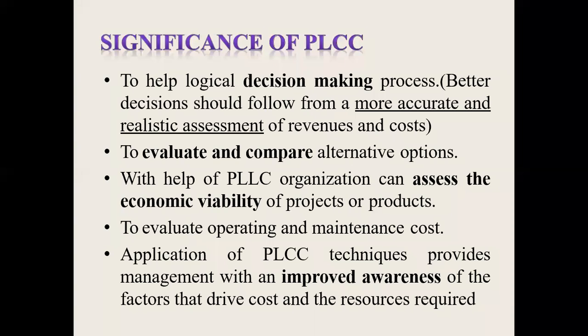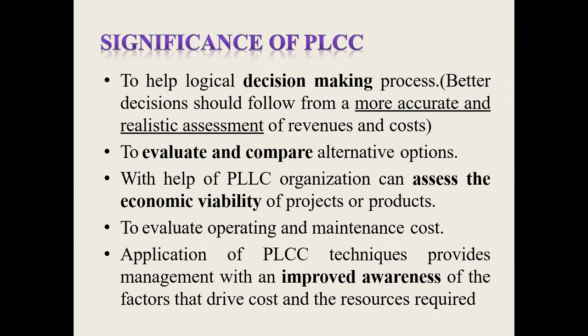Then evaluate operating and maintenance cost. So how that operating cost and maintenance cost can be reduced, to what minimum point we can operate these things, or how the maintenance will be reduced. That also we can find out.